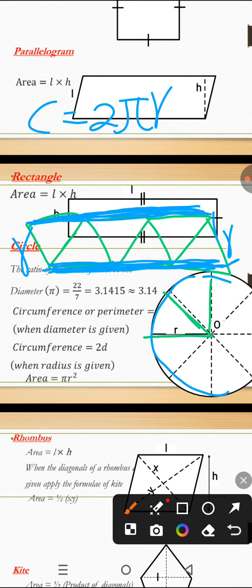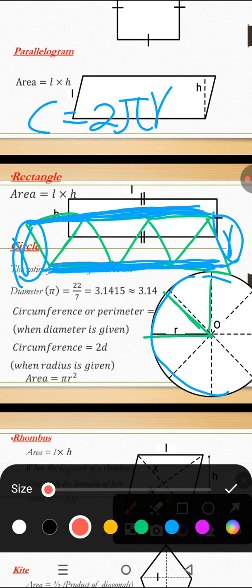When we ignore this side as not part of the game, it means here alone is pi r, and here alone is also pi r. Do you agree to that? Because it is the radius that came out to form these two sides, so we can ignore them.